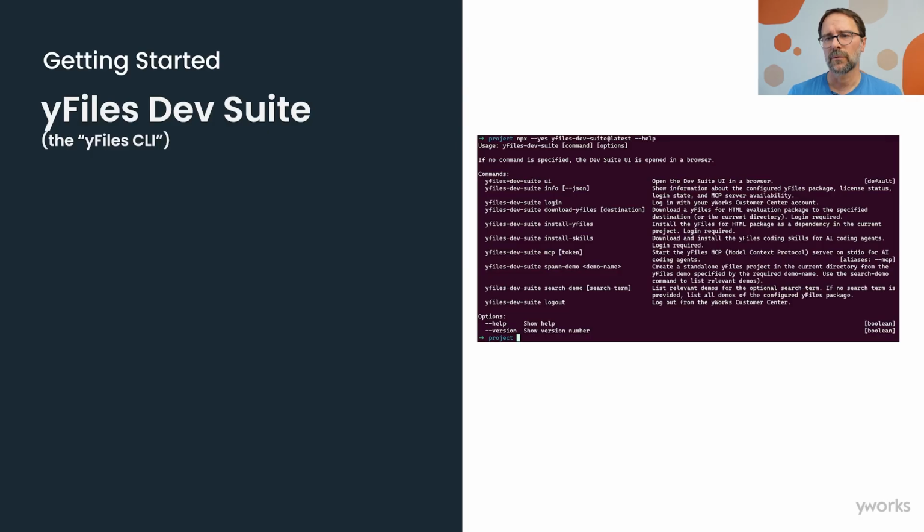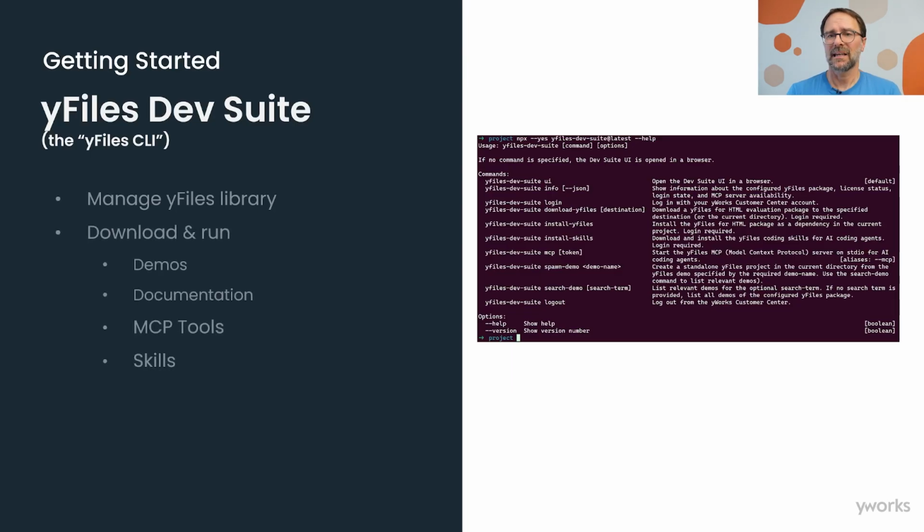All of these come together in a yFiles CLI tool that we also built. That is a node script that you can execute using npx, and that helps with all aspects around building an application, starting from things like managing the library, or even just signing up with us and downloading the evaluation version of the library, downloading the demos, the documentation, installing the MCP tools and the skills.